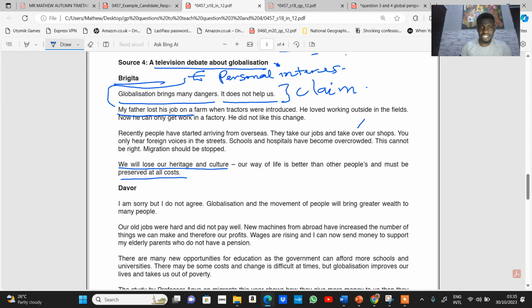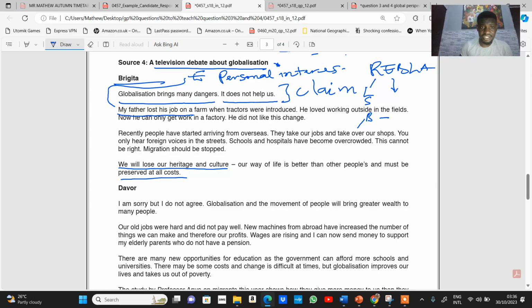Now, if you look at Bridgetta's statement and you bring in Ribla, first, she gave some evidence, yes. Her reasoning, is it logical? Is it well structured? Is her reasoning balanced? Did she look at counterarguments? She did not. Did she give evidence?